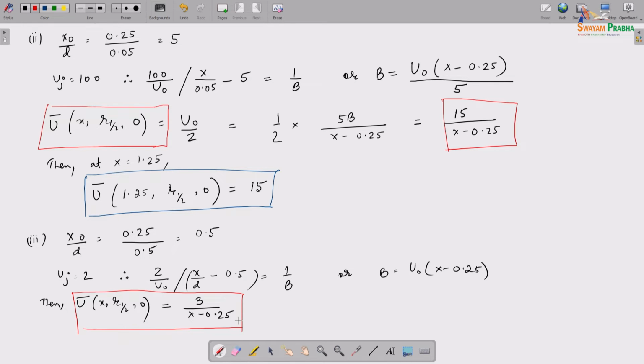Because u mean, right, so we know that u mean is equal to u naught by 2, right. Okay, so using that we get this. So therefore, at x is equal to 1.25, u mean 1.25 r half is equal to 3.